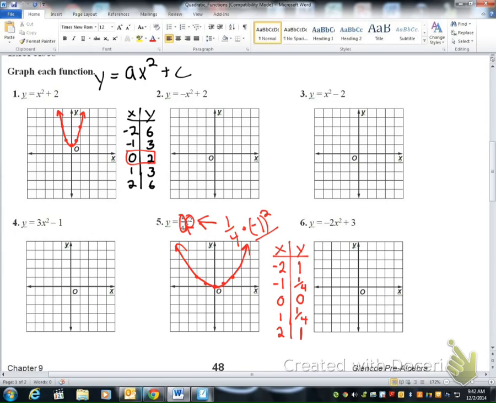So for each of these guys, make a T-table. Plug in your values, plot your points. If you label it by something other than counting by ones, which, like I showed you on that first one, we needed to just because it would have gone off the graph otherwise, then make sure and just make a note that I counted by twos on X, or I counted by twos on both axes.